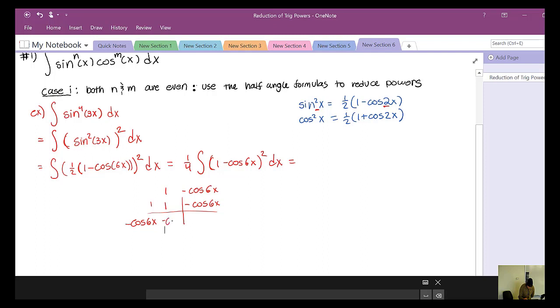Cosine squared of 6x. So our integral becomes 1/4 times cosine squared of 6x. Let's see, this and this make minus 2 cosine 6x, plus 1.